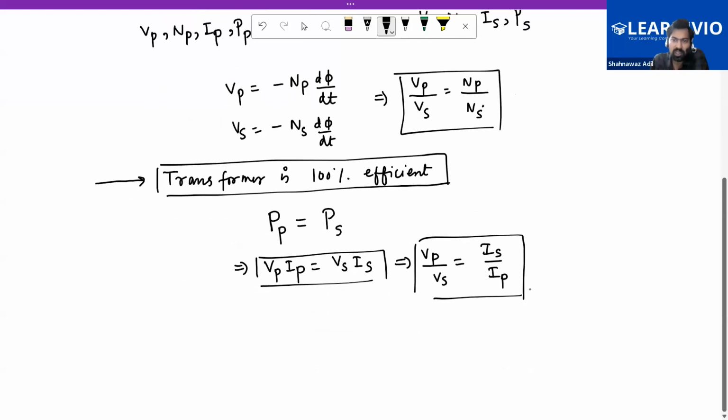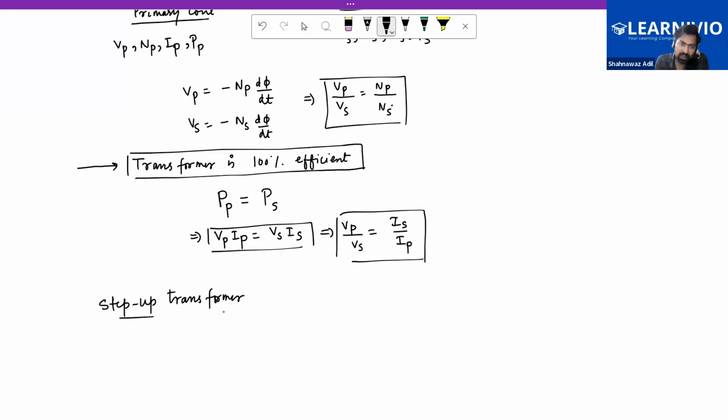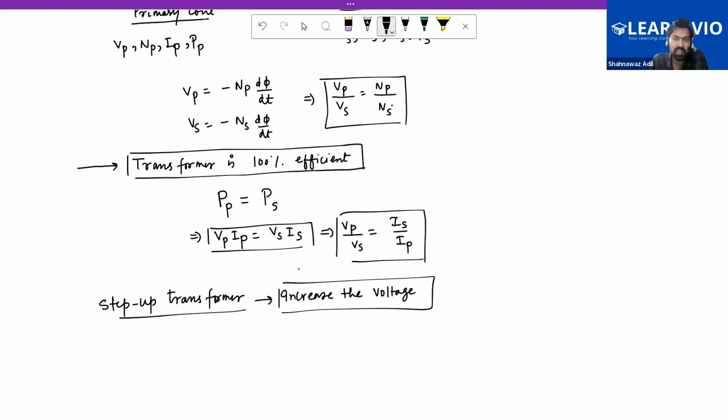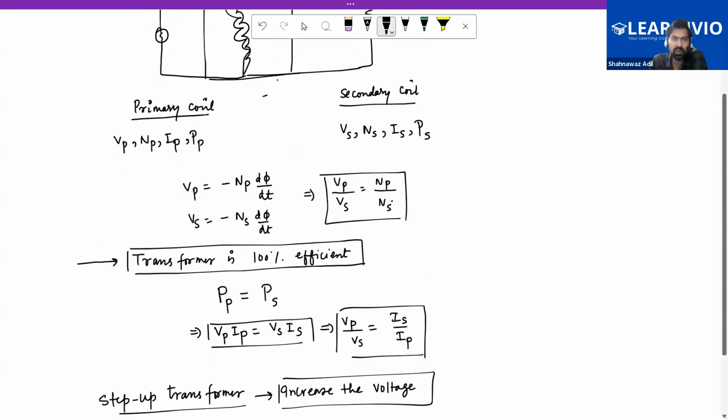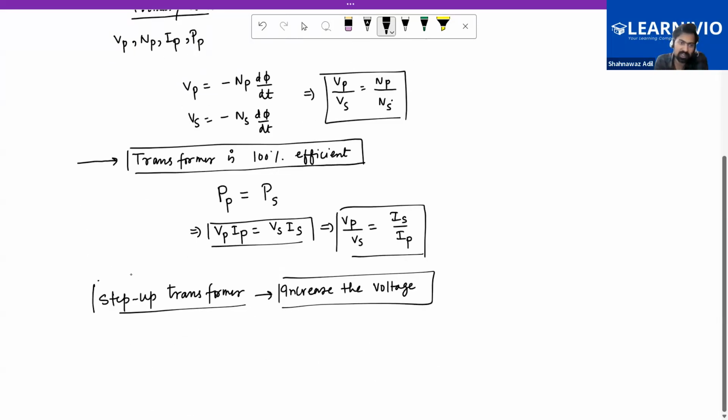Now what kinds of transformers do we have? One is the step up transformer. What do we mean by that? In a step up transformer we want to increase the voltage. Whatever voltage we get in the primary coil, we want to increase in the secondary coil. How do we do that?